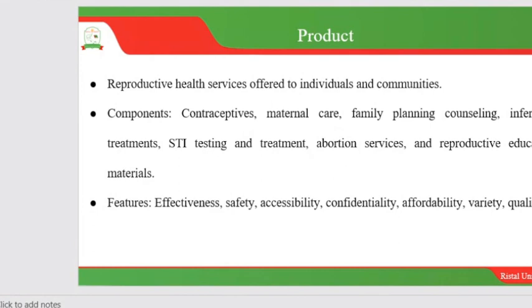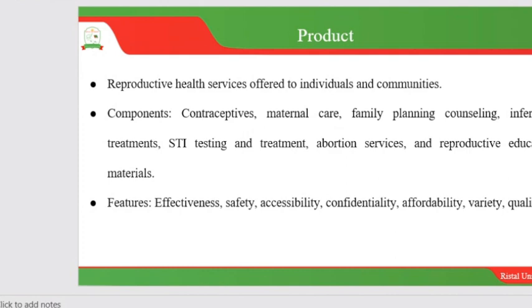So it is upon you as your own organization or as a service provider to understand how effective is my contraceptive, how effective is our maternal care, but also how effective is our family planning counseling. If you're offering counseling services to individuals and then you're realizing that the uptake of your family planning is still low, then you should be able to understand whether it is ineffective or it is effective.